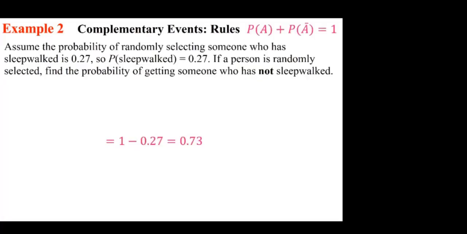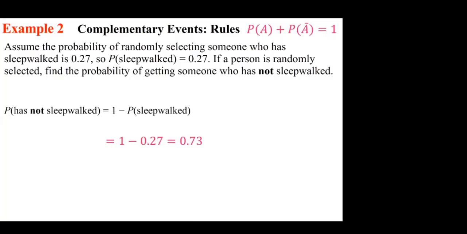Assume the probability of randomly selecting someone who has sleepwalked is 0.27. So P(sleepwalk) is equal to 0.27. If a person is randomly selected, find the probability of getting someone who has not sleepwalked. We are looking at complementary events, and remember, the probability of A plus the probability of A bar, or A complement, is 1. So if you want one of them, just subtract the other from 1, because the sum is 1.